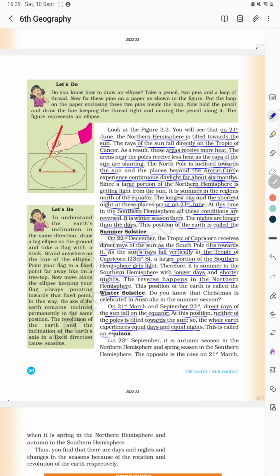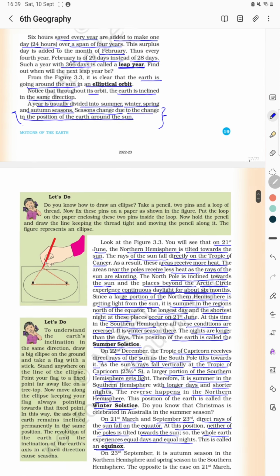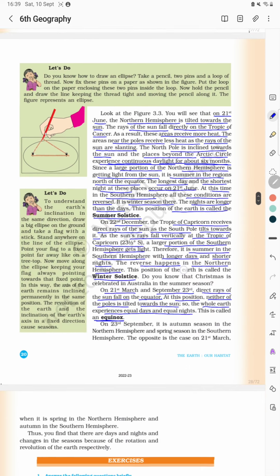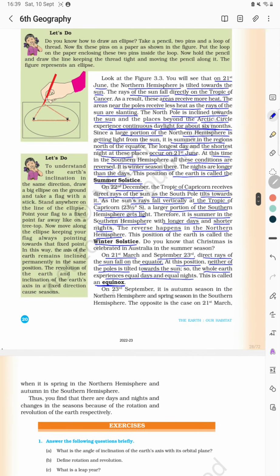These positions are called equinoxes, where days and nights are equal. On 23rd September, it is autumn season in the northern hemisphere and spring season in the southern hemisphere.